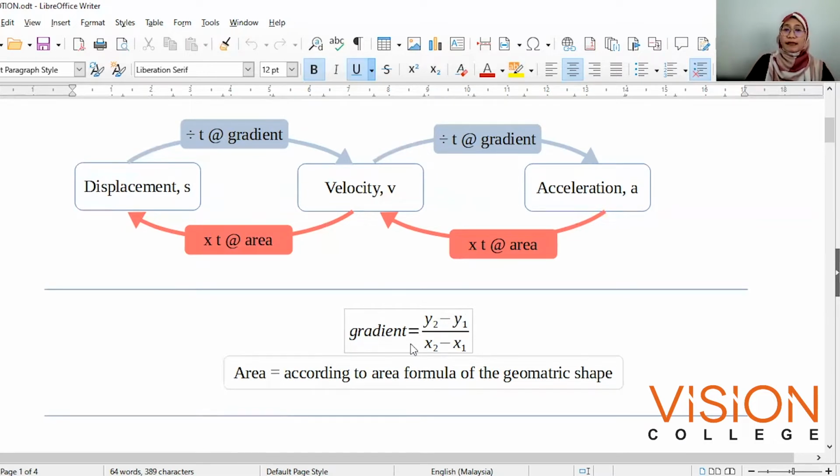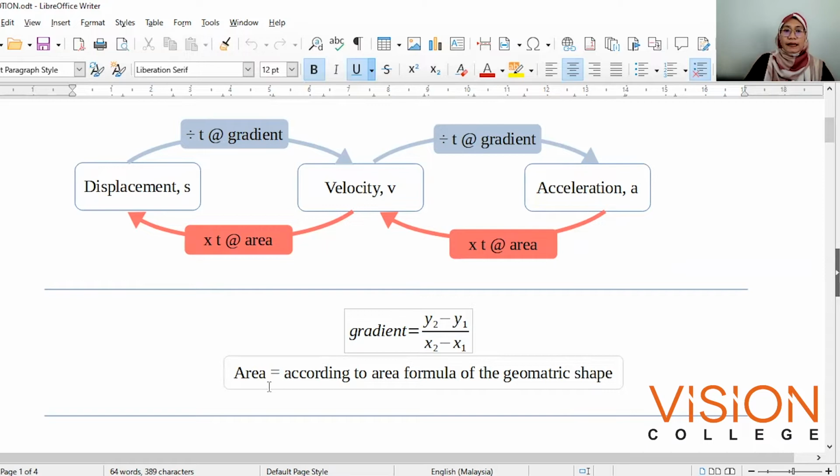You have learned this in maths. To find a gradient, we have this formula, which is y2 minus y1 over x2 minus x1. So what is the y and what is the x? The coordinates, basically. The coordinate on the y-axis of the second point minus the coordinate of the first point on the y-axis, and likewise for the x-axis.